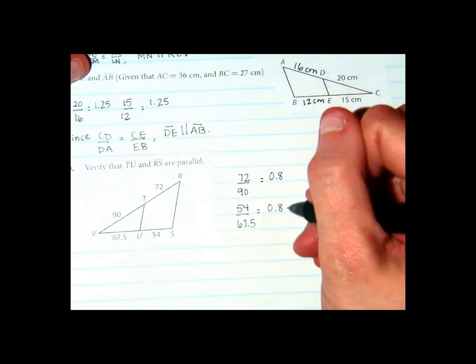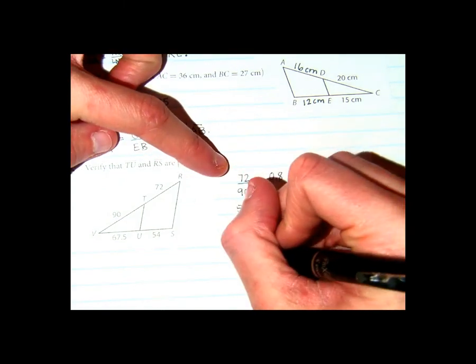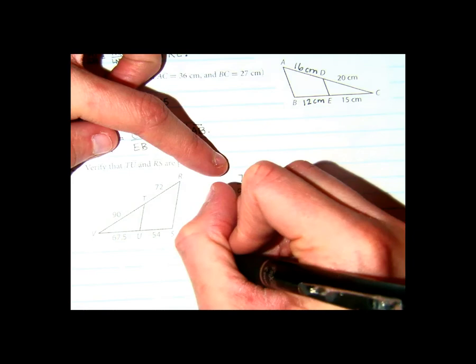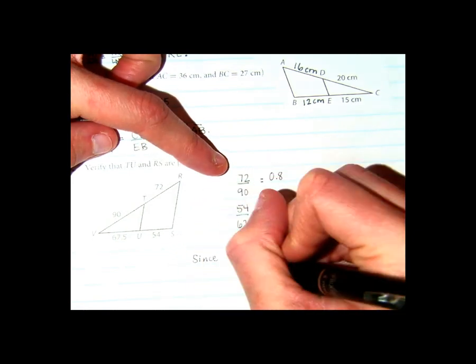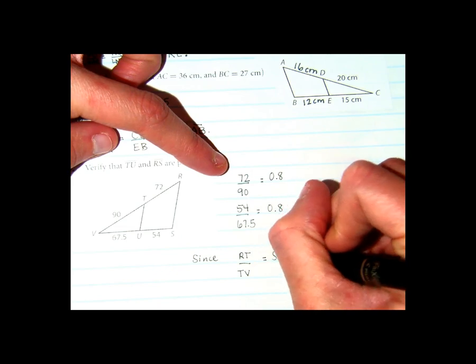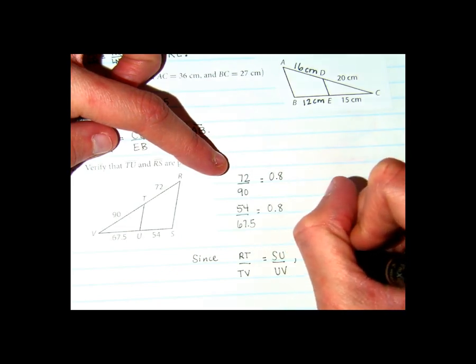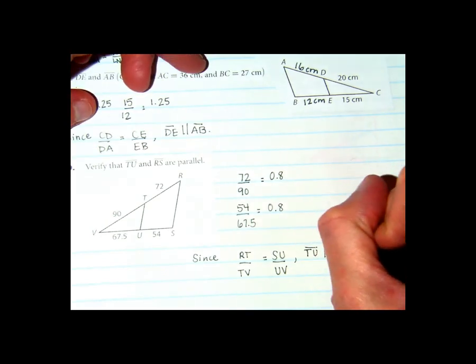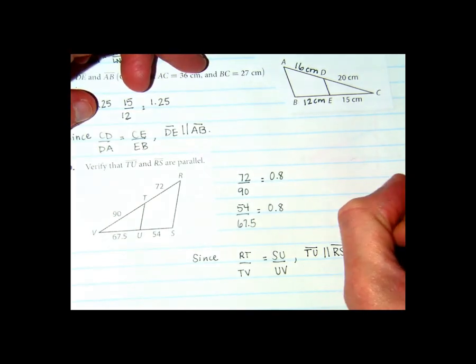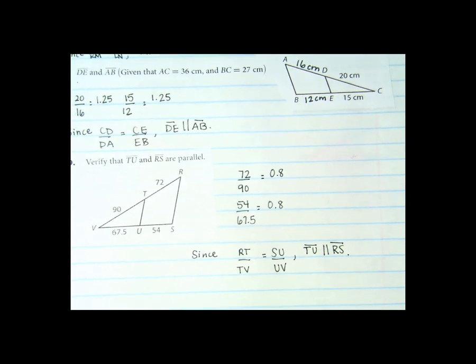So they are proportional. Since RT over TV is equal to SU over UV, we know that TU is parallel to RS. Notice it did say verify, not prove or disprove. That's why they should have been parallel.